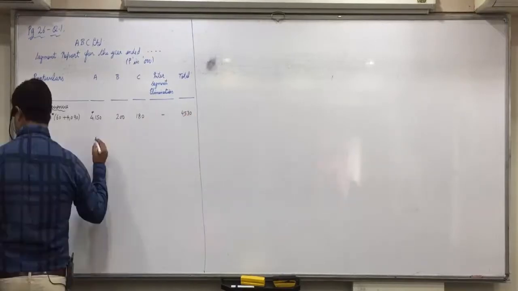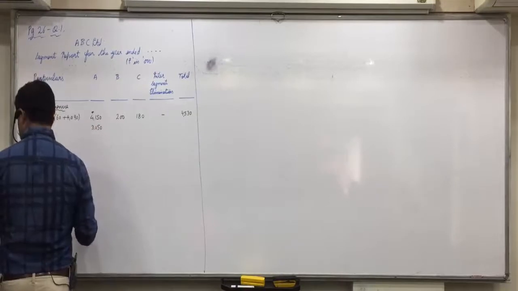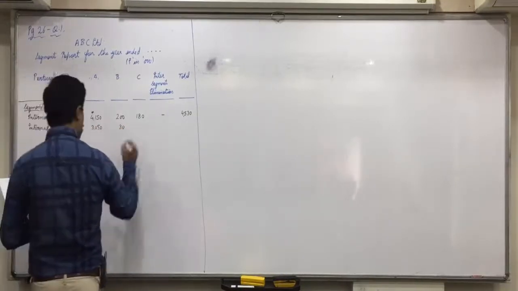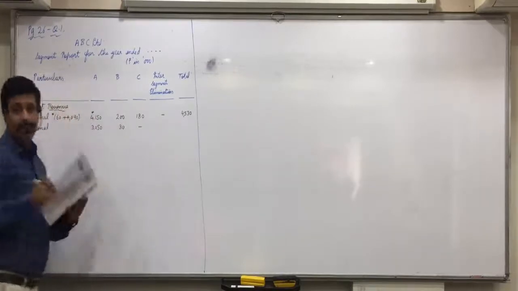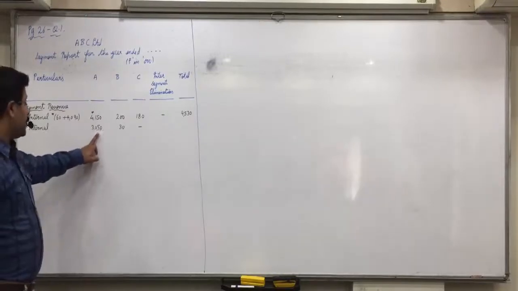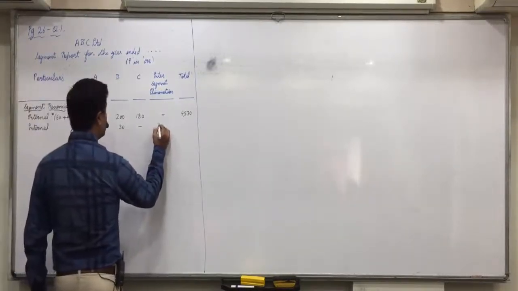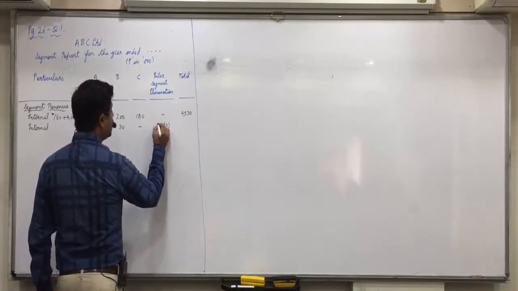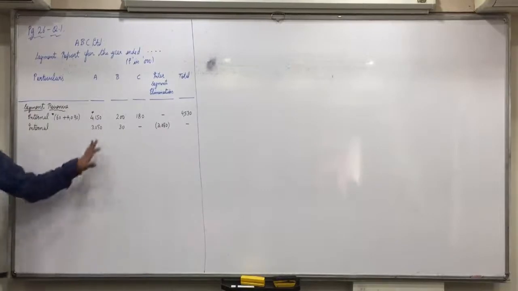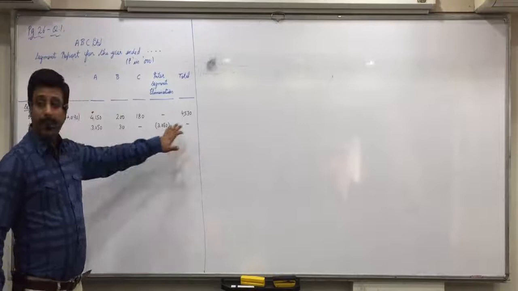Then internal sales to B 3050 is internal. Then sales from B to C 30 is internal. There is no internal in C, and I told you this total of both will come in inter-segment elimination. 3050 plus 30, 3080, and in the total column it will be nil, since 3080 minus 3080 is eliminated.